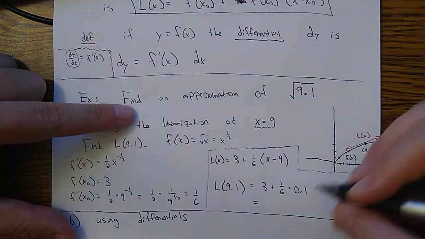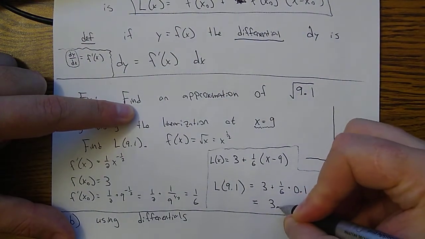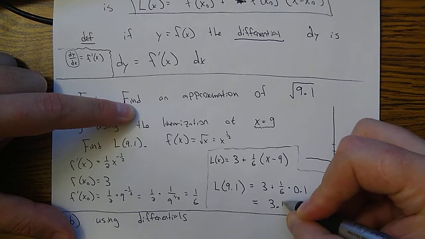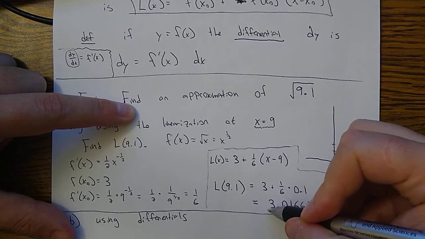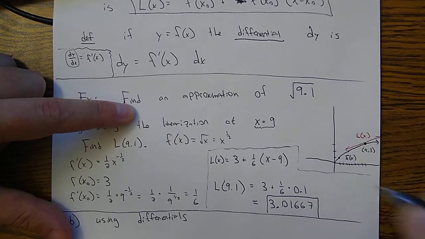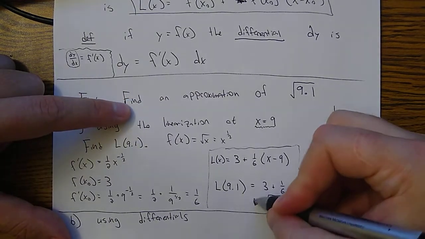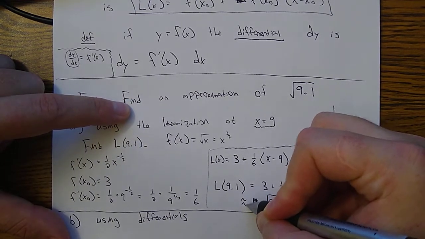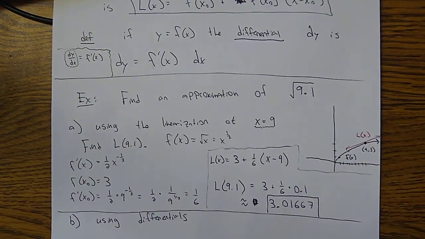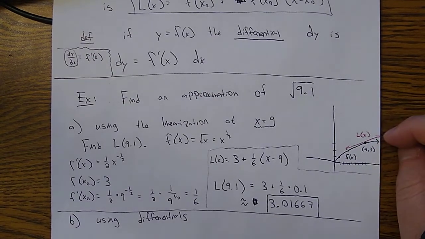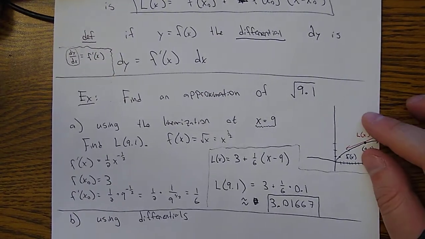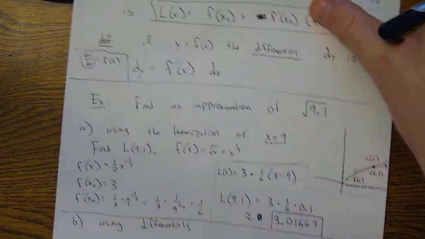This is about 3.01, and then it's like 6's repeating forever, so I'll just round it off at some point. And I don't want to write equals. This is approximately. On the homework, they'll tell you to round it off after a certain number of decimal places, so you'll know what to do. Okay.